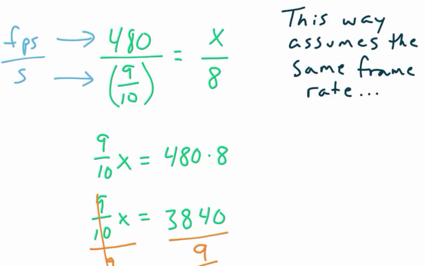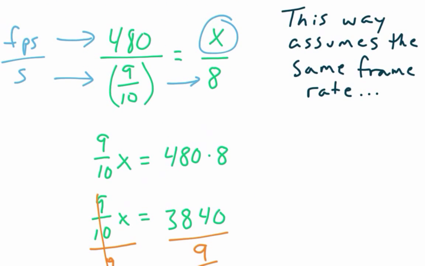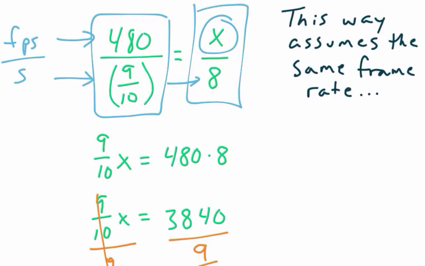If we use this to say, well, now it's an 8-second long video, what's going to be our frames per second? The first time we went through and did this, we came out with that the answer was 54. If we go through this way and do it, we come up with an answer of, now we have 4,267 frames per second. So it doesn't work to set up a proportion if your two fractions aren't equal. So as soon as it says that we're changing the rate, the number of frames per second, you can't do a proportion.